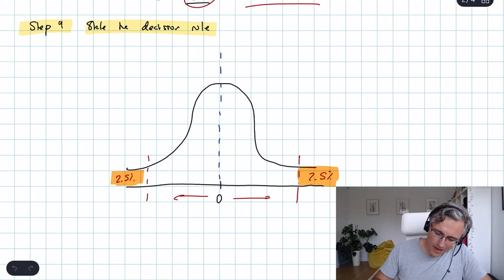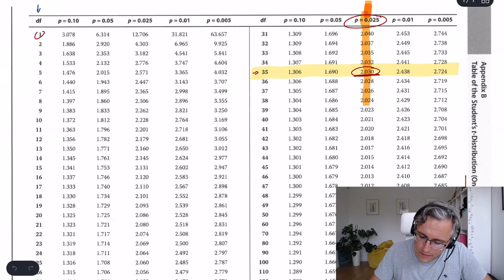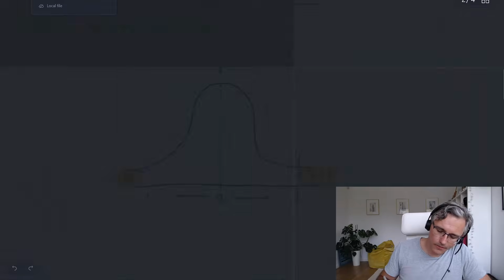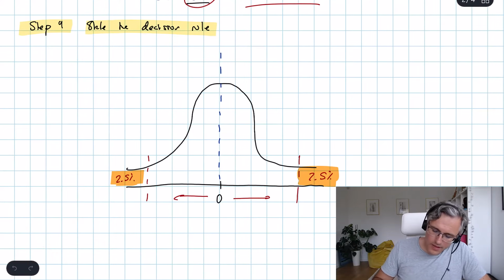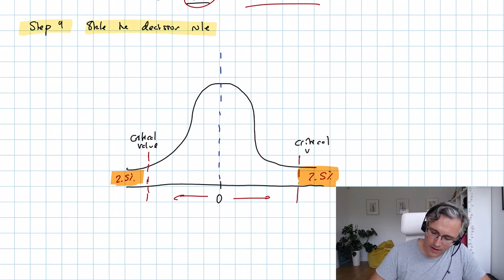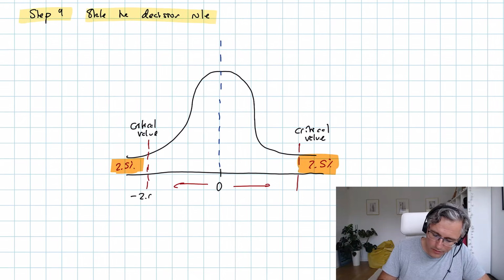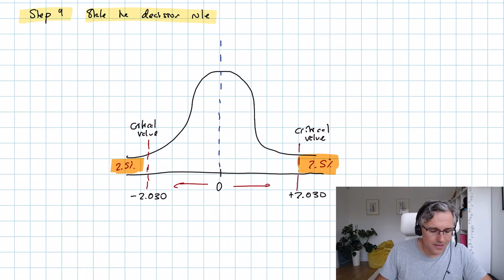Let's check what it was once again. It was 2.03, that's the one, okay. What that table tells me is that the cutoff point, known as the critical value, lying respectively to the left and to the right symmetrically of 0, is either minus 2.030 or plus 2.030, and this is measured in standard errors.